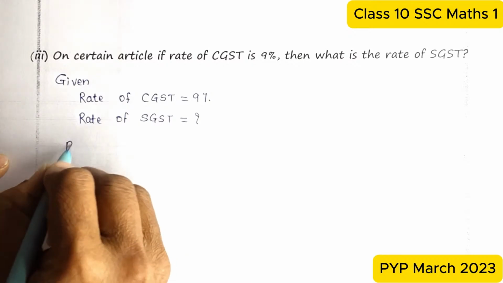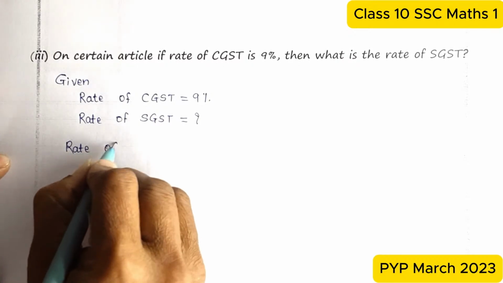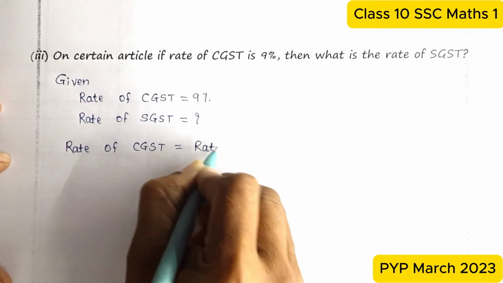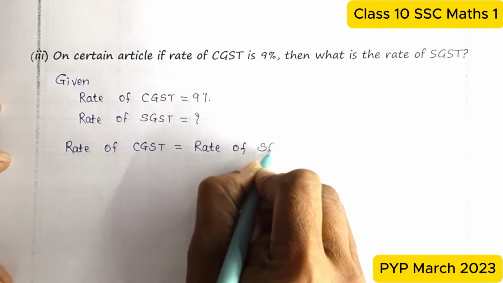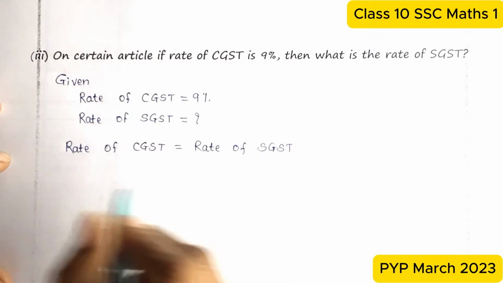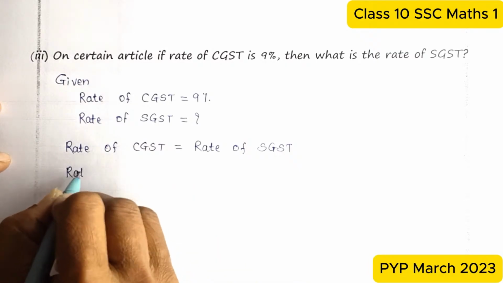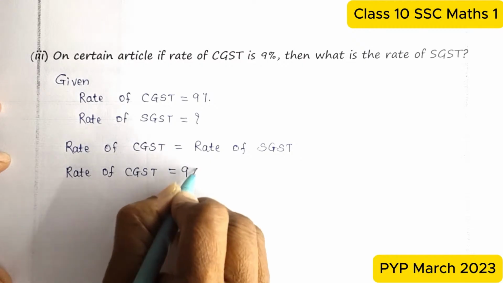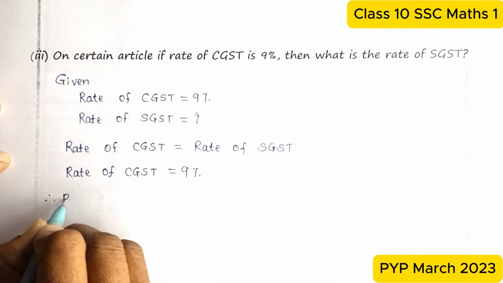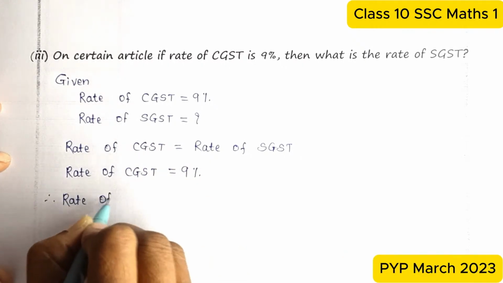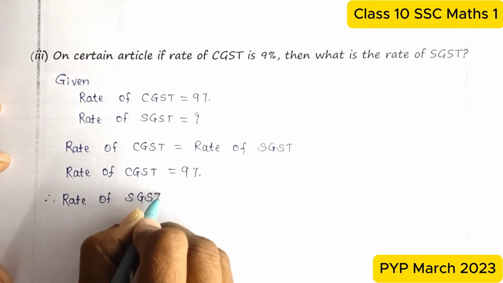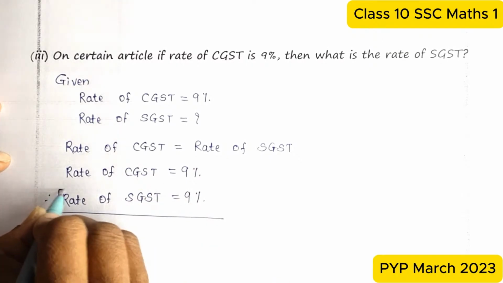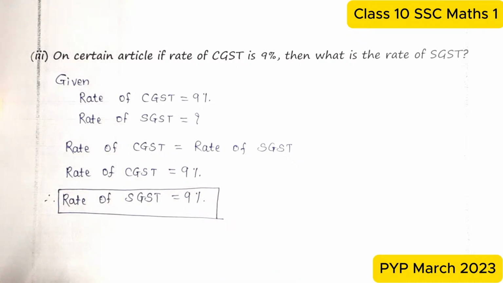So now we know students that rate of CGST is equal to rate of SGST, and that's why we write here rate of CGST is equal to 9%. Therefore, rate of SGST is equal to 9%. Okay, students, this is our final answer.